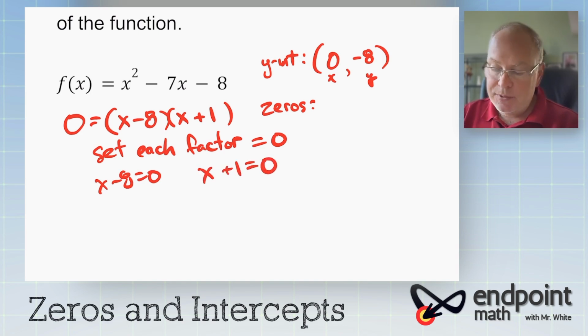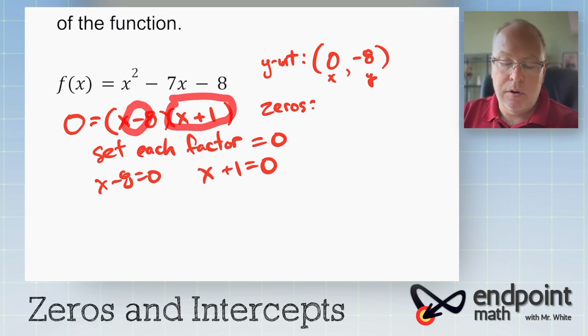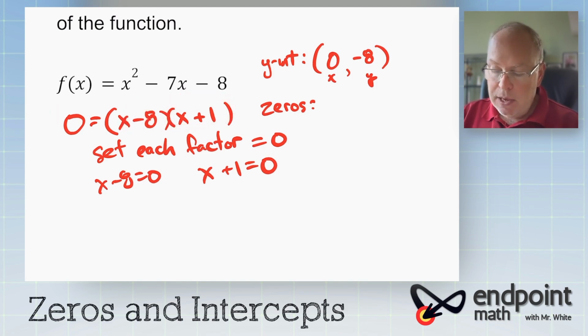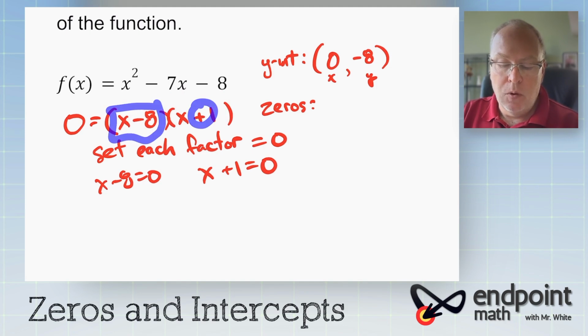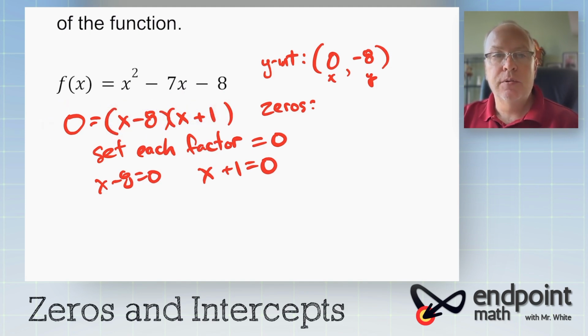Because 0 times anything is 0. This is called the zero product property. As long as one of those factors, or both, are 0, they're not both going to be 0, just one of them at any given time, we'll have found what we call a zero.